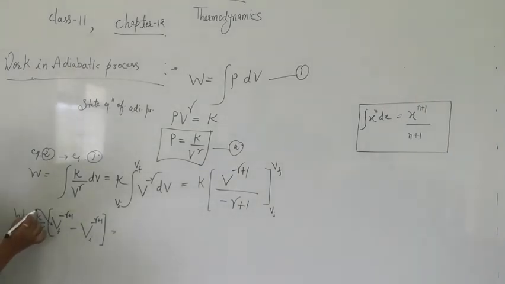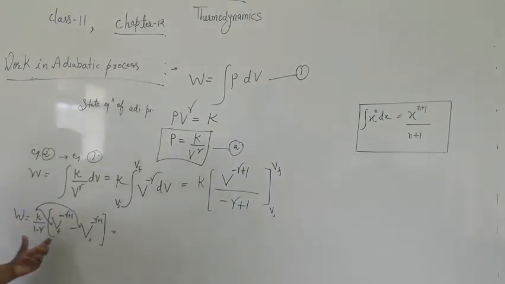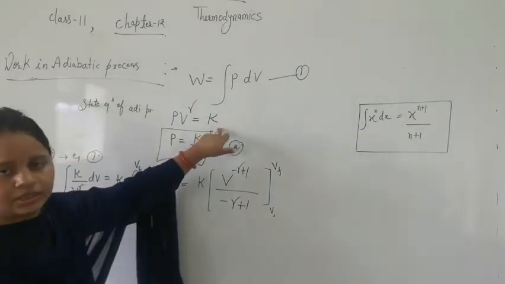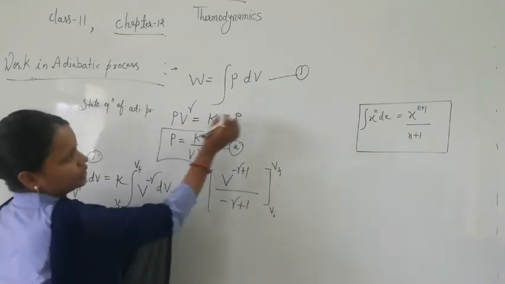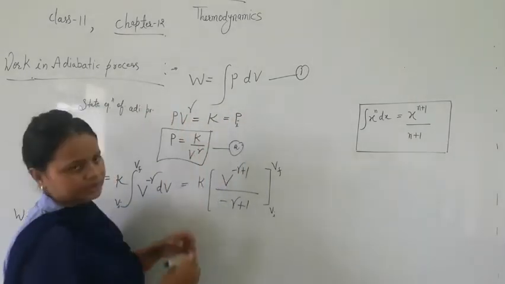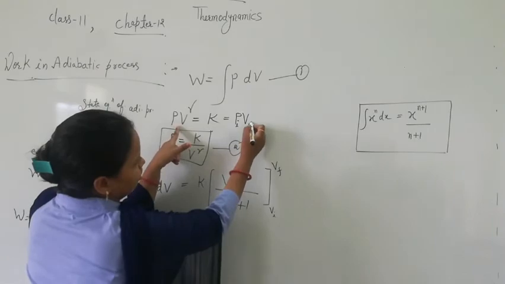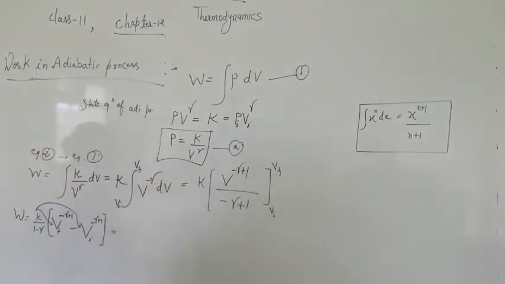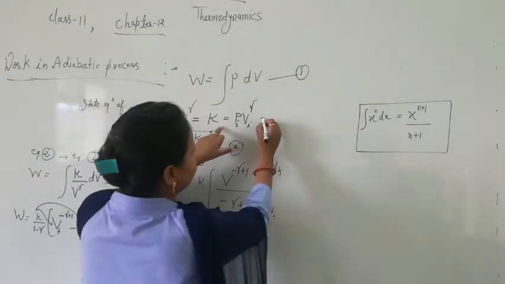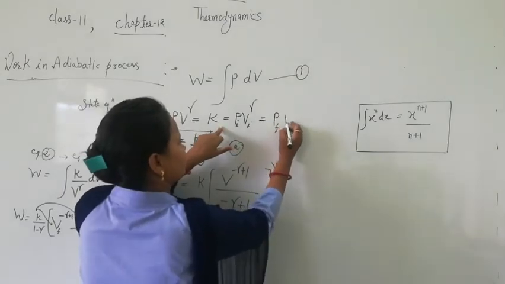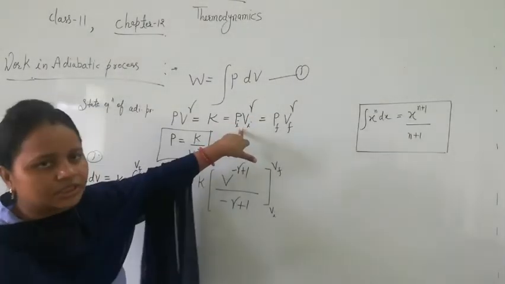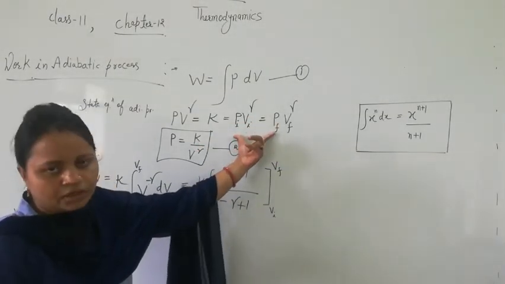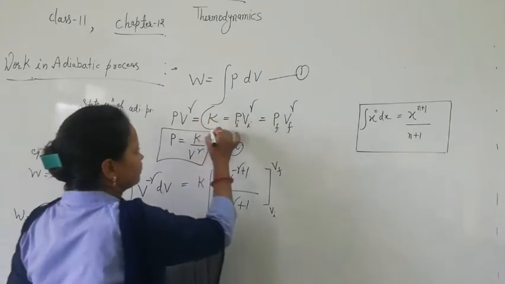But we set it in a proper manner with the help of this constant K. We can multiply it here, but because it is constant, we can use the state equation in another form. For the initial state, the equation can be written as Pi Vi raised to the power gamma, and for the final state, Pf Vf to the power gamma. Again it is constant and it is also constant, so these two are related by this bracket.